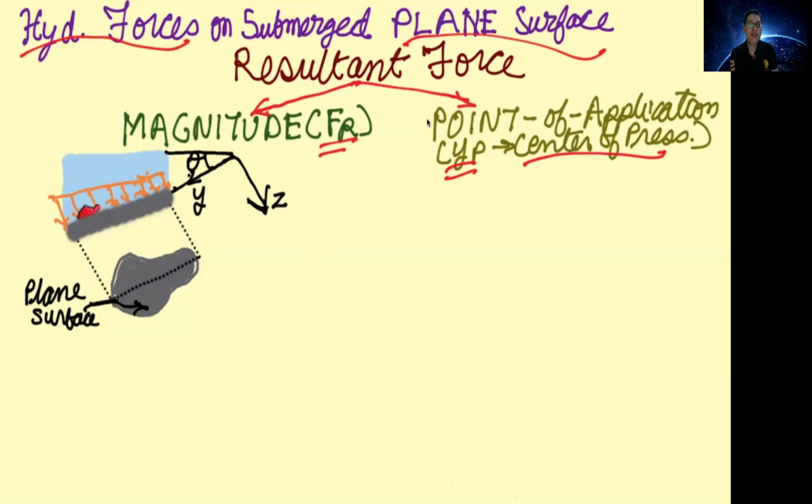And since this point is below this point, as you go down, the pressure is increasing in deeper layers. So this shows the pressure distribution on the surface of the plate.